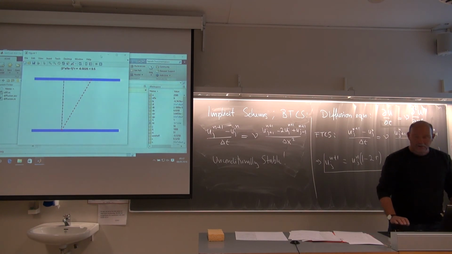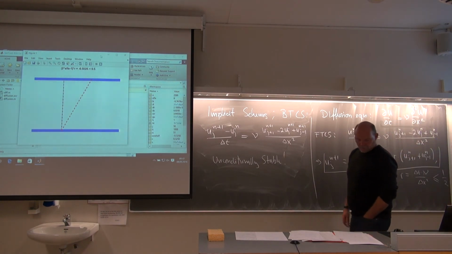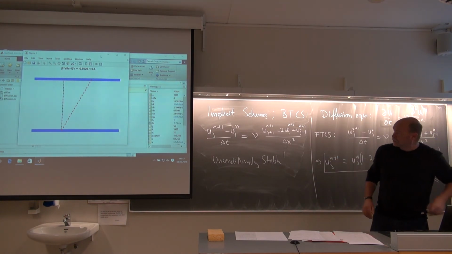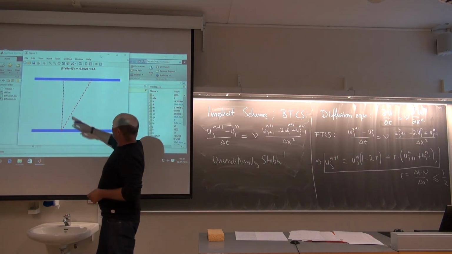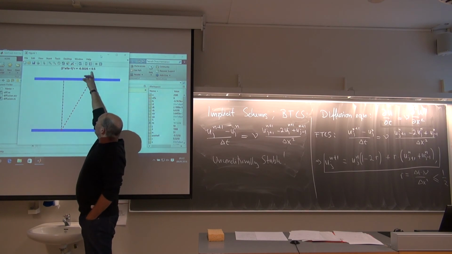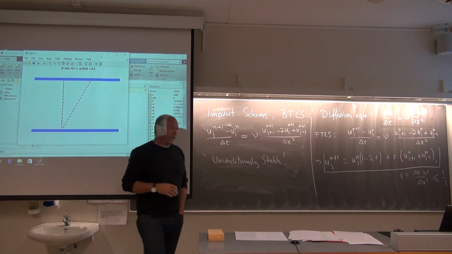So the stability criterion now is actually not entirely unconditional. Well, if you have fully implicit, it will be. So here you see you will get something negative, which definitely is smaller than 1/2.